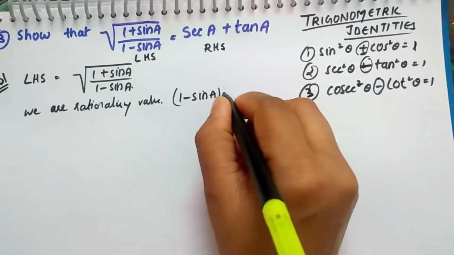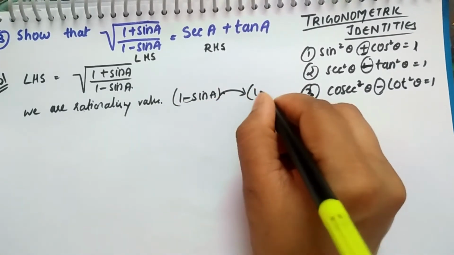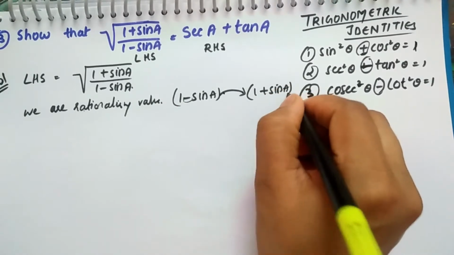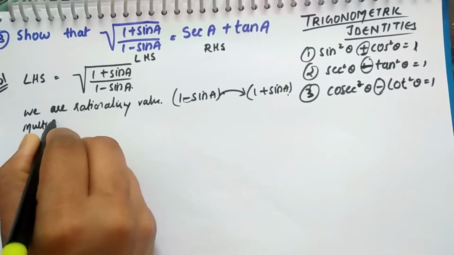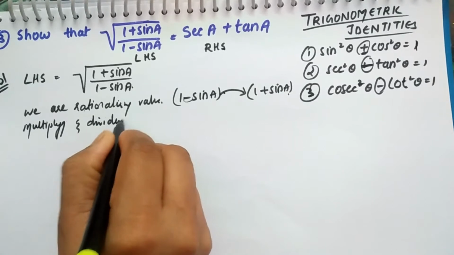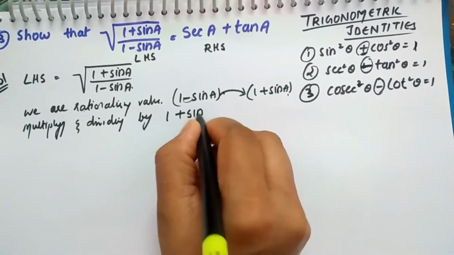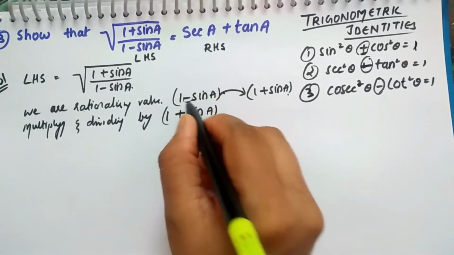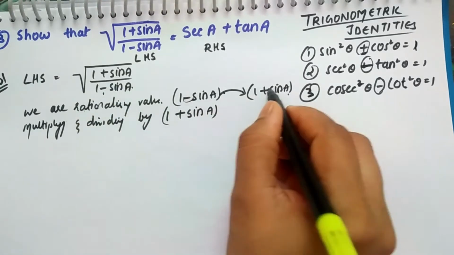If we need to rationalize, we convert this minus to plus, 1 plus sine a. So what is rationalizing? It is nothing but multiplying and dividing by 1 plus sine a, since we want to take the opposite sign of the denominator.